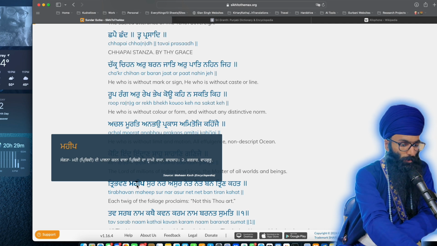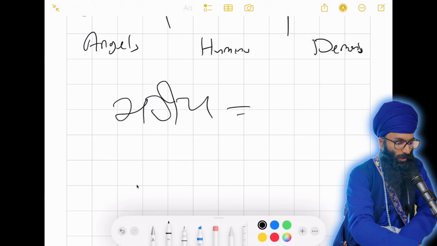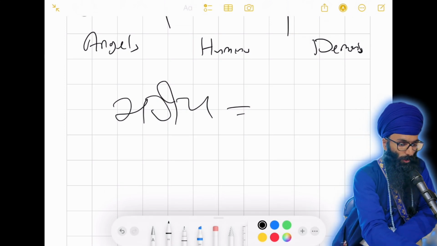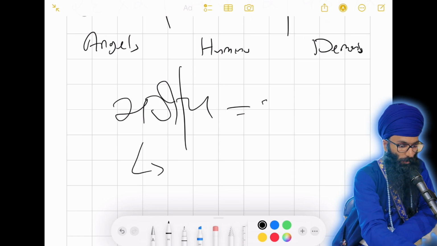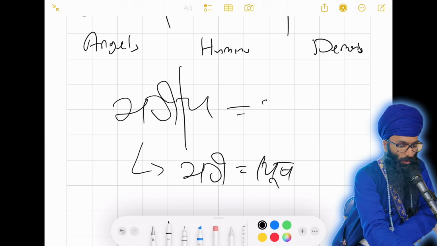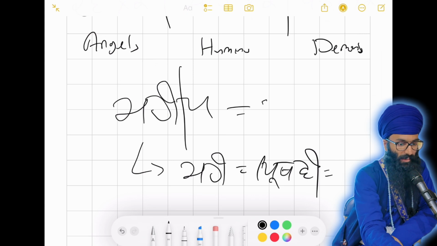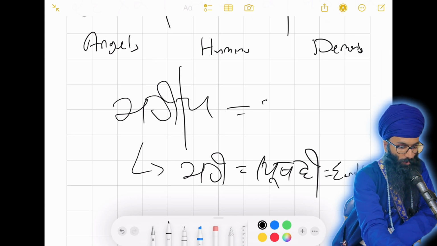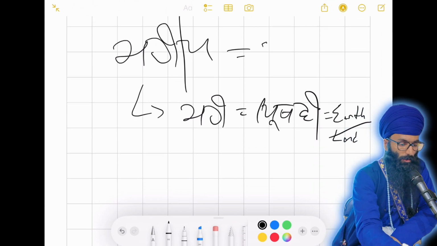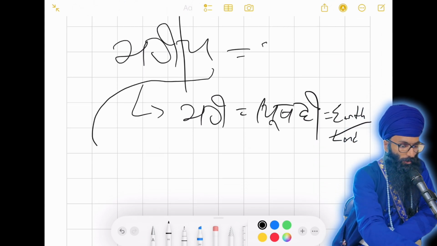So what the dictionary said was the word Mahi refers to Prithvi. So Mahi equals Prithvi. Prithvi means earth or land. The earth or the land. The Pa, they're saying, is an acronym for Palanval.